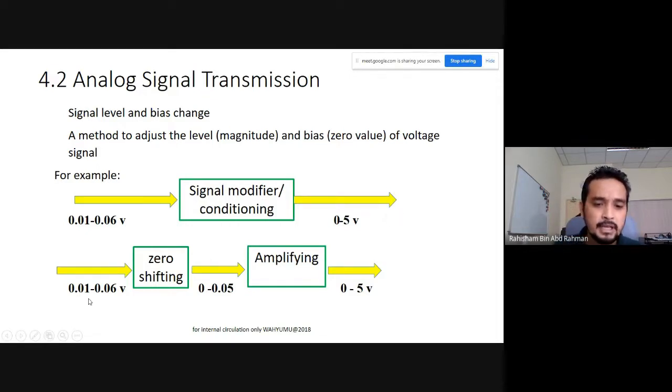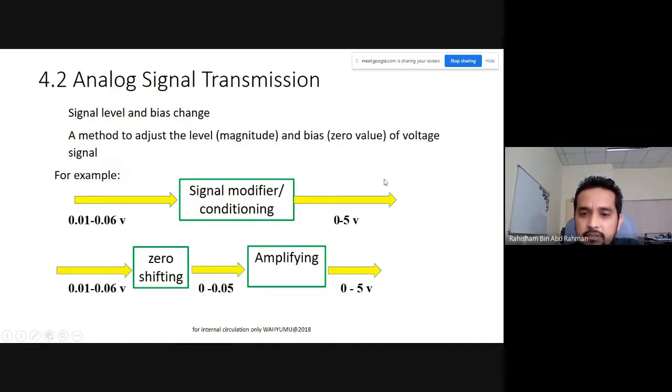And sometimes the measured value is, first, 0.01 to 0.06, and the output here is in terms of volt. If this value, for example 0.01, is used at the input of the other element here, maybe it is not readable by this one.